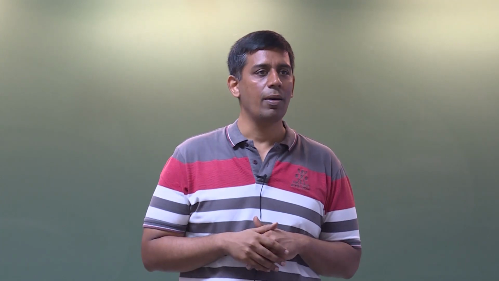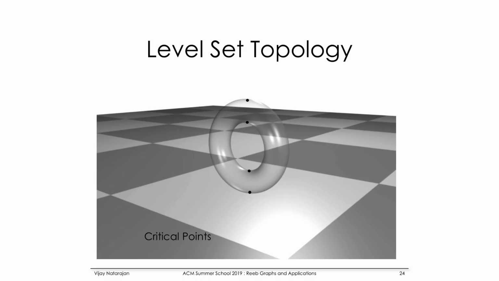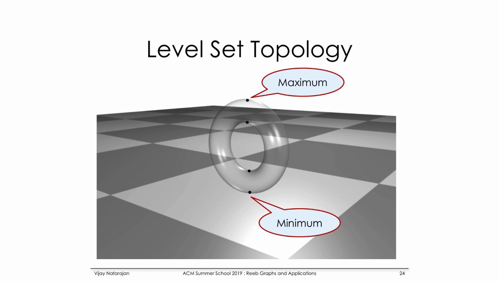And you can talk about the quotient defined by this equivalence relation, and that's exactly the Reeb graph, right? So you give me a function f defined on a domain, the quotient space is the Reeb graph of f. Okay. So this is how it is defined.